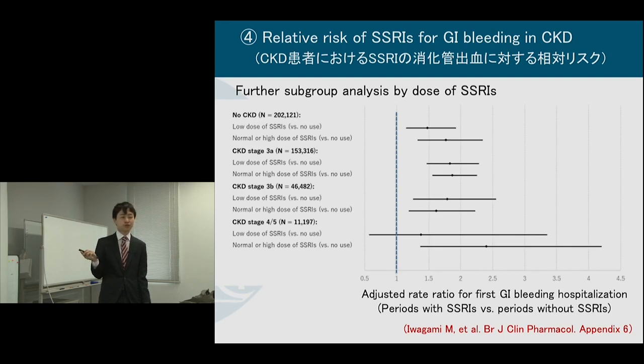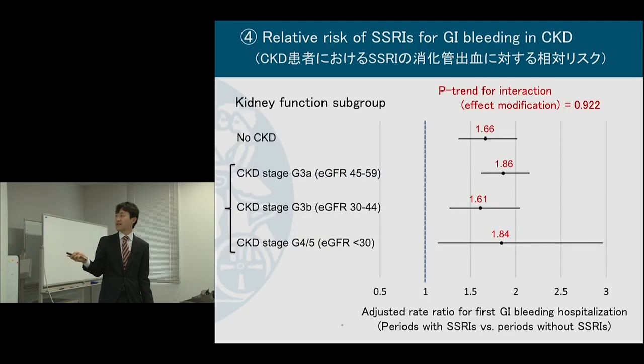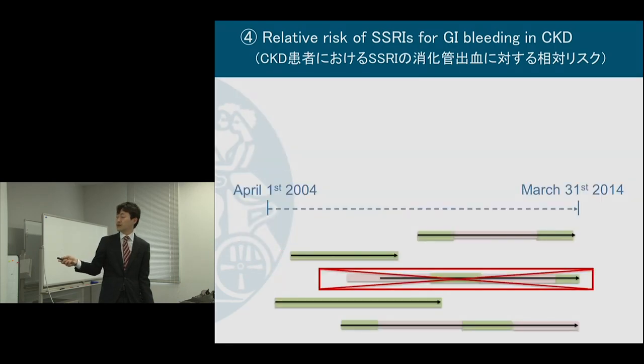But it's true that previous researchers tackled this research question, GI bleeding and antidepressants, by case-only design. But the condition required for case-only design, especially self-controlled case series, is that the outcome incidence shouldn't change the subsequent exposure probability.